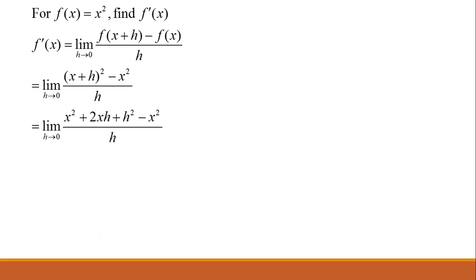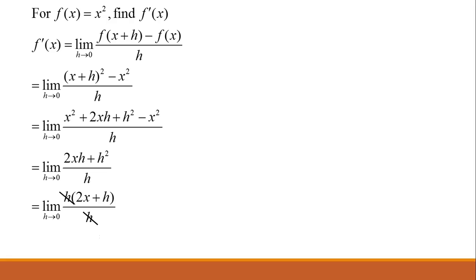We'll square the x plus h, and then in the numerator, x squared minus x squared are opposites. Now you still might be tempted to substitute 0 for h, but we're still dividing by h, so we still have something that's undefined at 0. But we can factor an h out of both the terms in the numerator, and we can simplify that fraction.